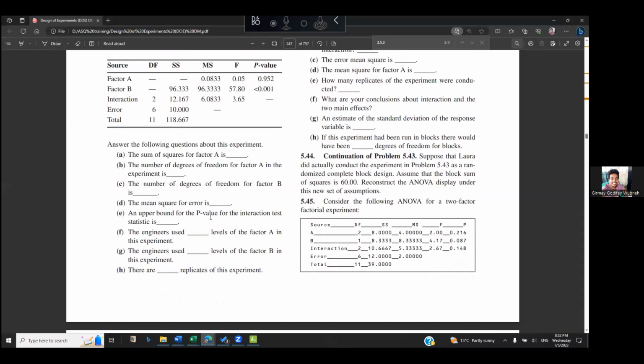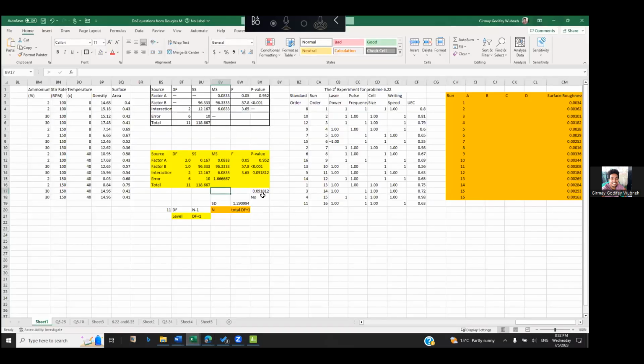Now, an upper bound for the p-value for the interaction test. We can calculate the p-value in Excel using F.DIST.RT. The F statistic is 3.65, with degrees of freedom 1 for the interaction and degrees of freedom 2 for the error, which is 2. So the upper bound for the p-value for the interaction effect will be 0.09.